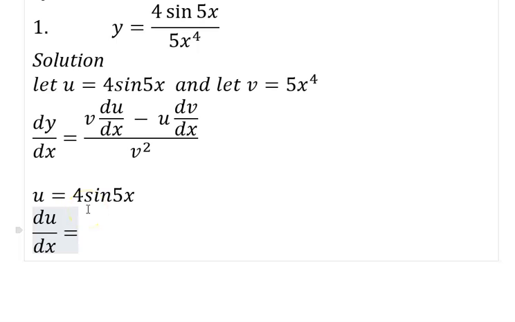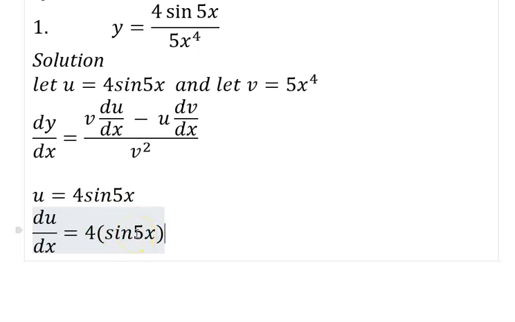In the same vein, because we have 4 sine 5x now, for us to differentiate, you can say 4 sine 5x. Awesome. So if you differentiate this sine 5x, it's going to give us what? 5 cos 5x.